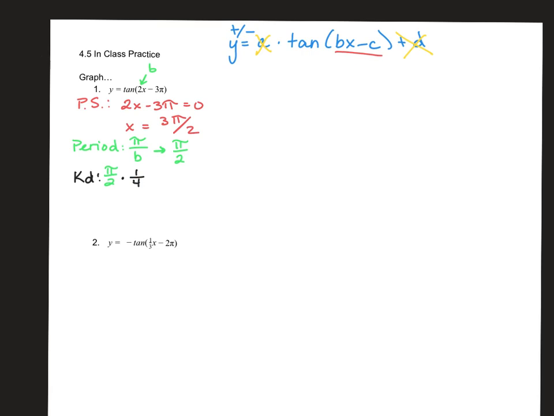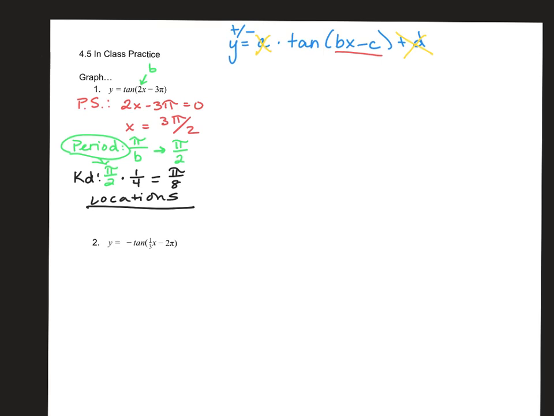The pi over 2 is just what the period happens to be for this particular problem, but the 1/4 is always going to be the case for the key distance. It's like you're cutting that circle into 4 quadrants. So in this case, our key distance is going to be pi over 8, and that is going to let us find our locations that we're going to put on our x-axis.